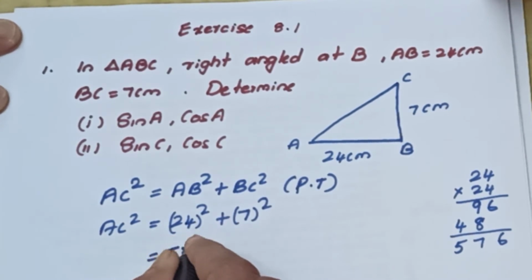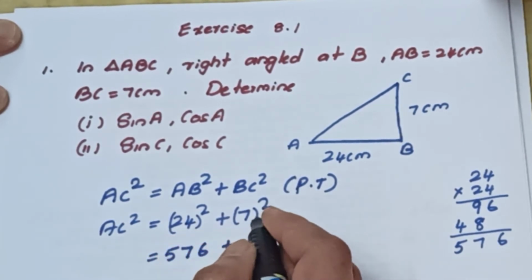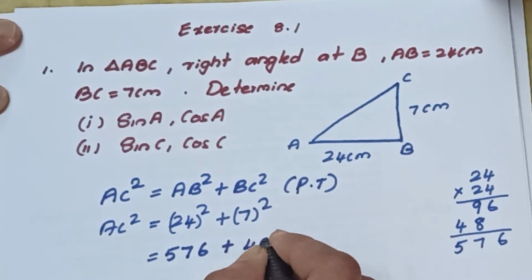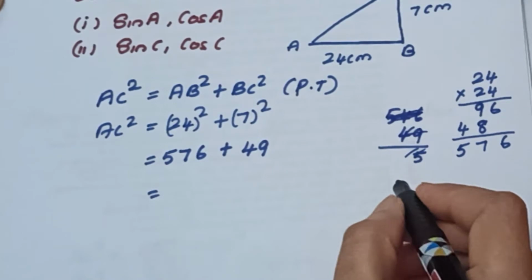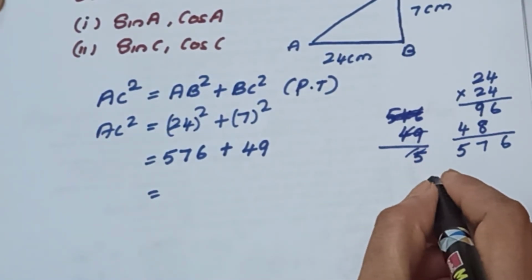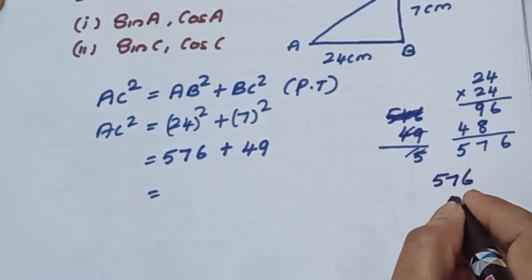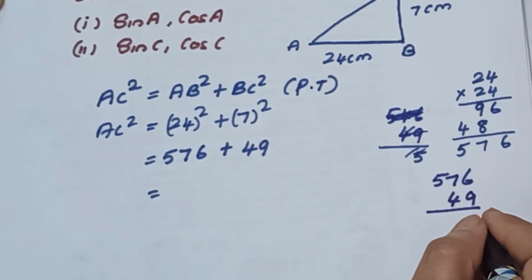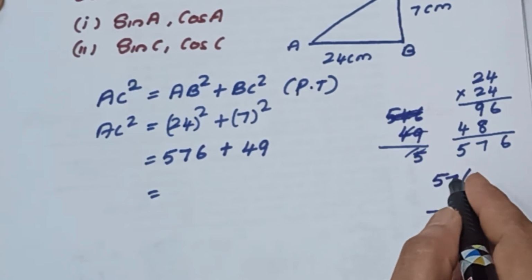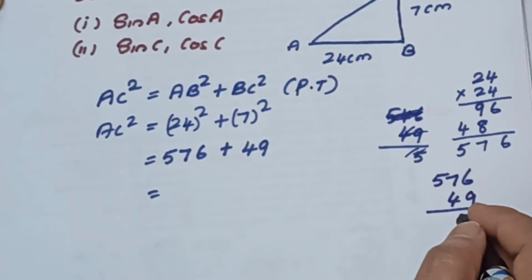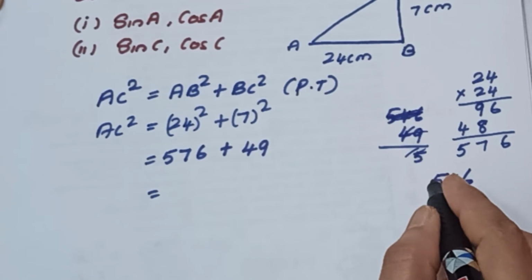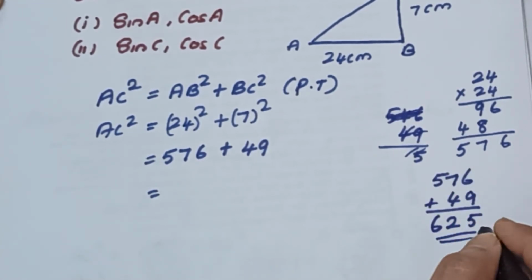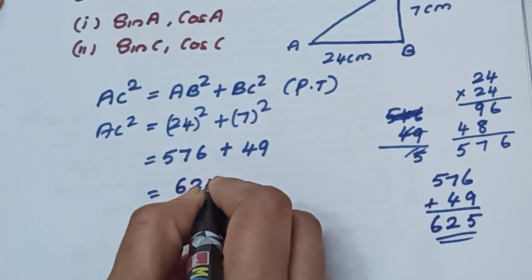So we have 576 plus 7 square. 7 sevens are 49. Now we will add 576 plus 49. 6 plus 9, 15, balance 1. 7 plus 1, 8. 8 plus 4, 12. Balance 1, added to 5 gives 6. So that is equal to 625.